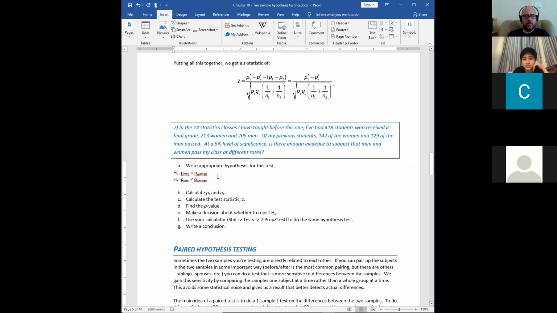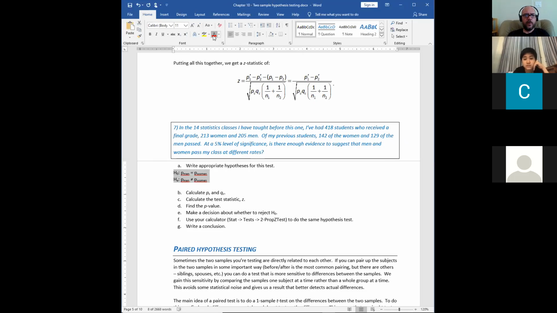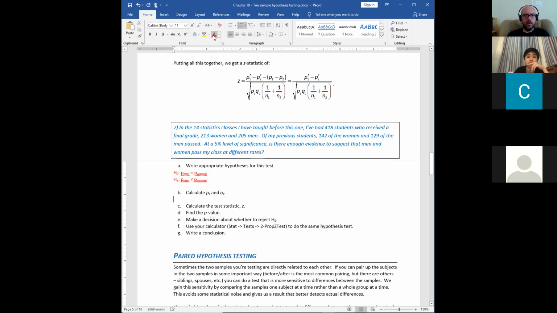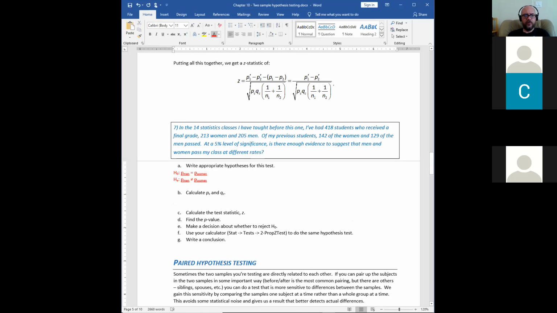All right, so there's my null and alternative hypotheses. PC and QC. So PC is the total number of successes out of the total sample size.